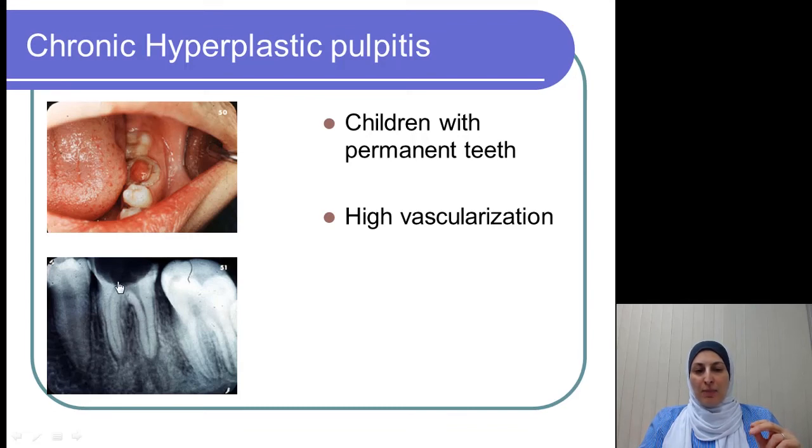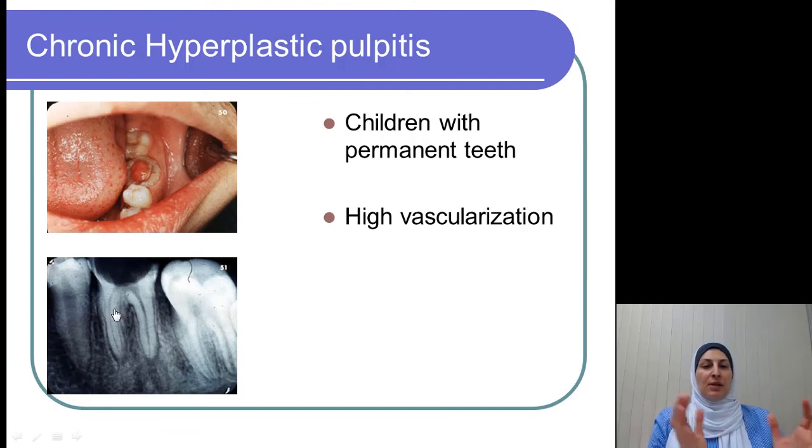So here the pulp was irreversibly inflamed, but it was not confined within the pulp chamber. So there was a chance for the pulp to swell, exactly as what happens when we have inflammation in the hand, where the skin is loose and can swell.